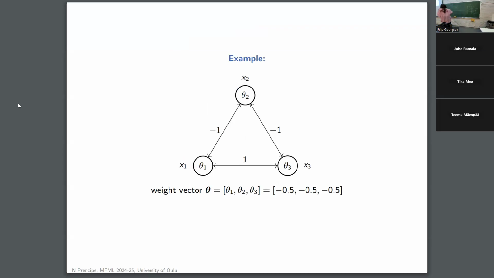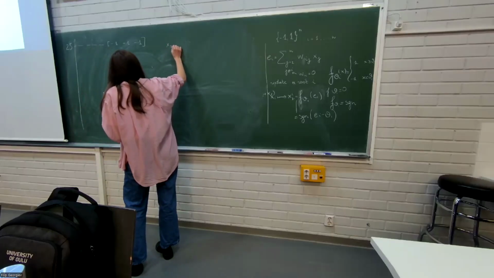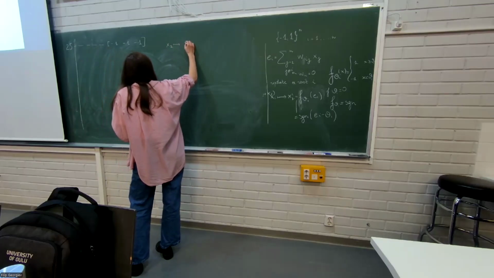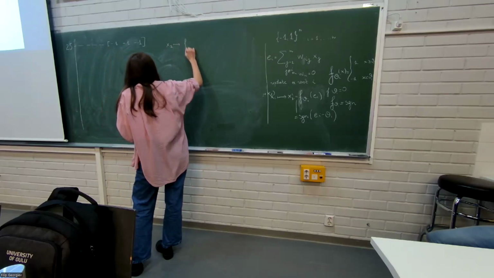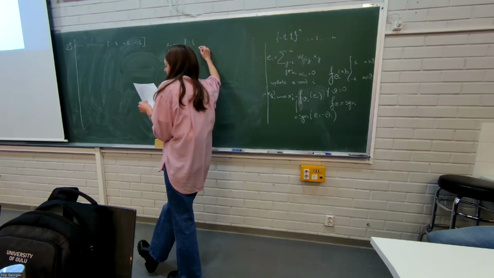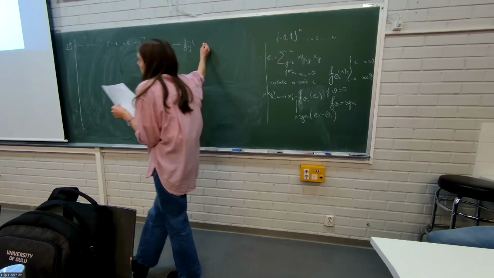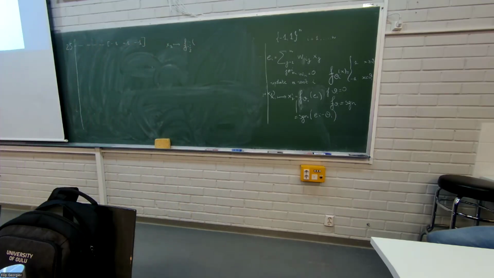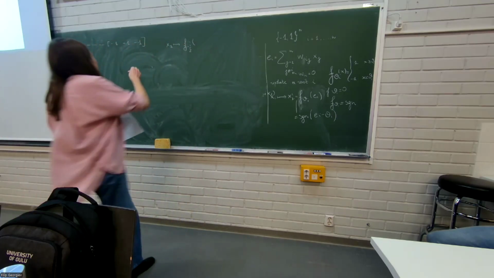So, for example, if I'm here and I update x1, what do I mean? I do f of minus a half of whatever comes from the others. So 1 times the value of x3, that is -1.